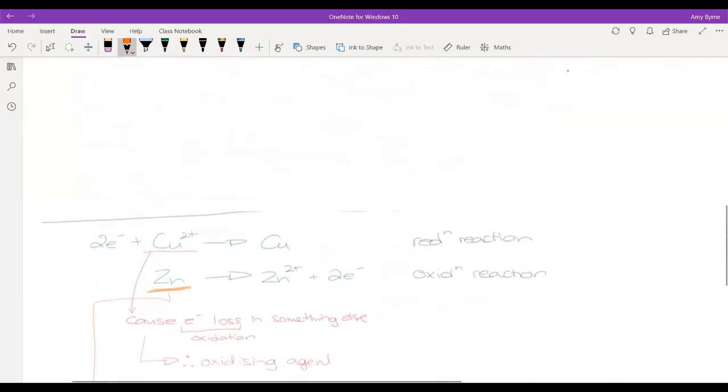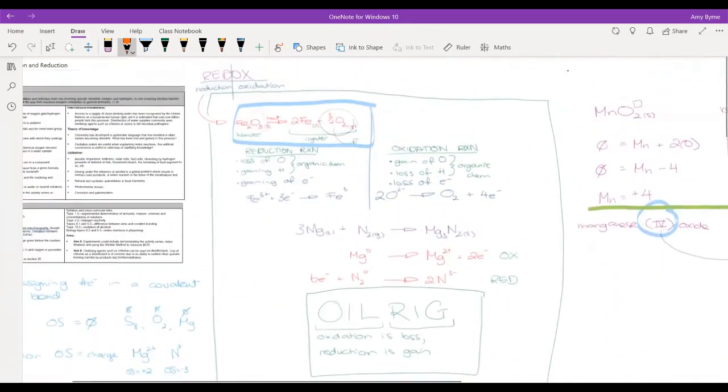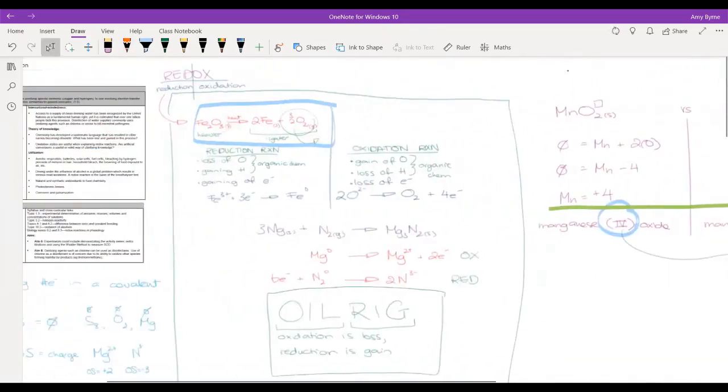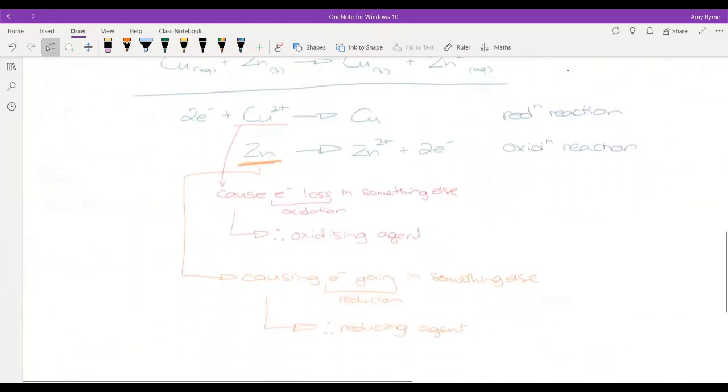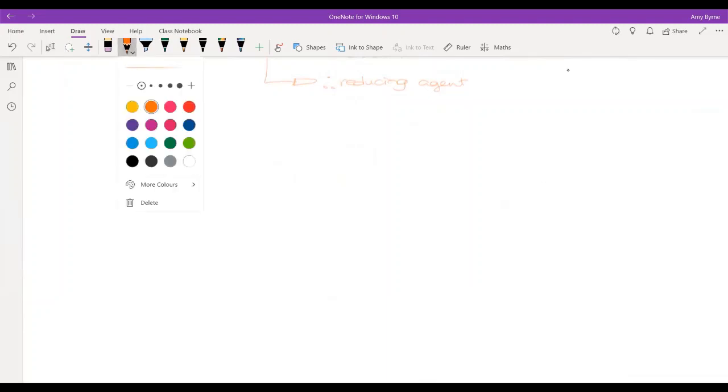Let's go through another reaction and talk about it. Actually, let's go back to the magnesium nitride experiment, the magnesium nitride reaction that we looked at earlier.